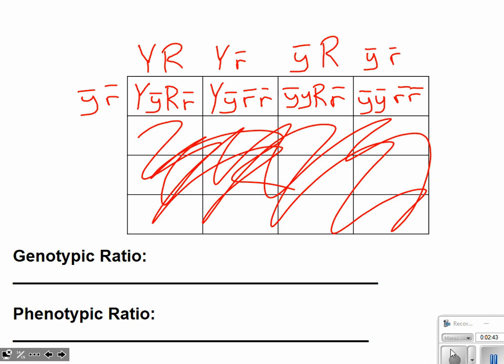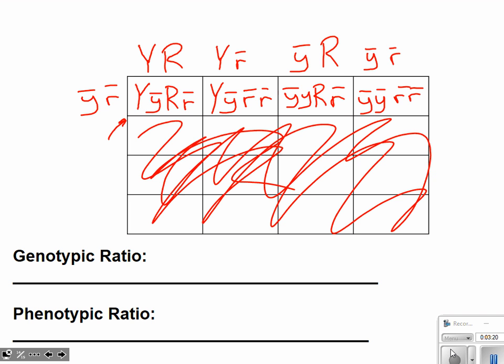Now, when we talk about a genotypic ratio, what are genotypes, folks? What is a genotype? The actual alleles, meaning what? The letters, right? So, if I'm doing a genotypic ratio, I just start with this box right here.